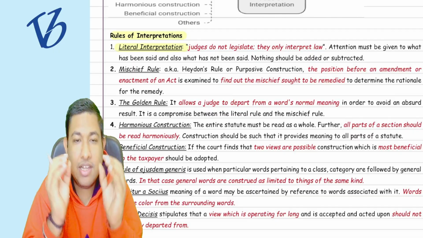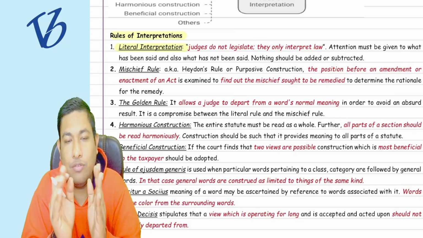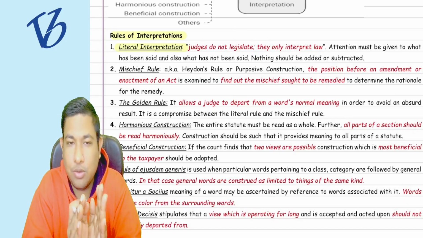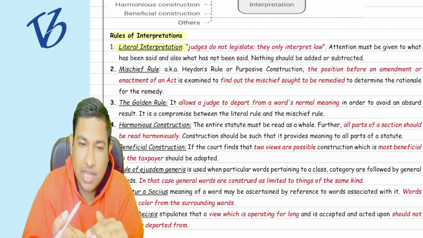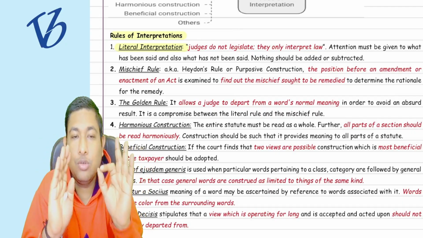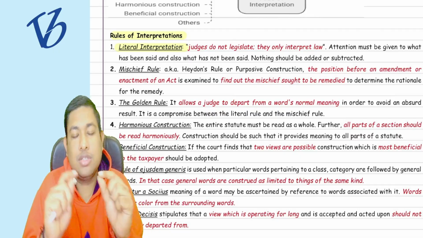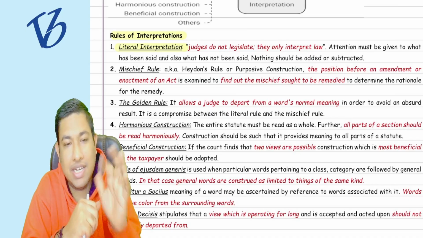Whatever is written, just interpret it literally. Give the exact meaning of the word, which is the dictionary meaning, and reach a conclusion about what it is telling us. Do not add anything or subtract anything from that particular provision. That is a literal interpretation.